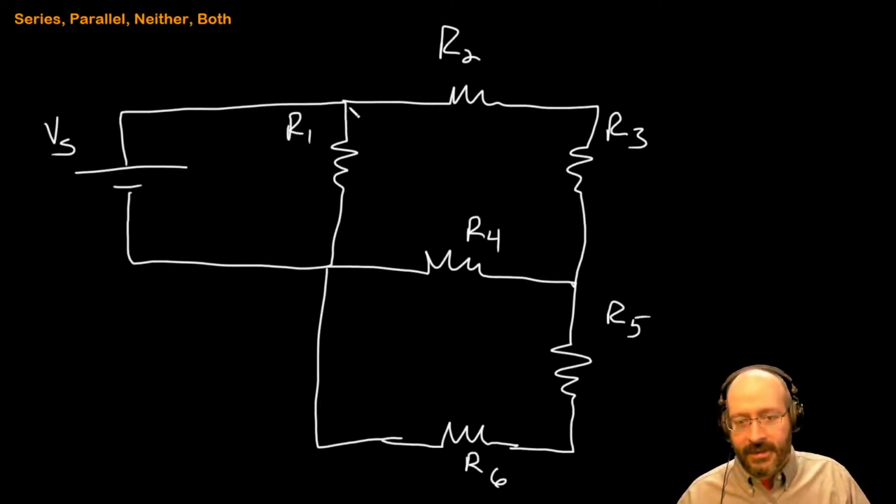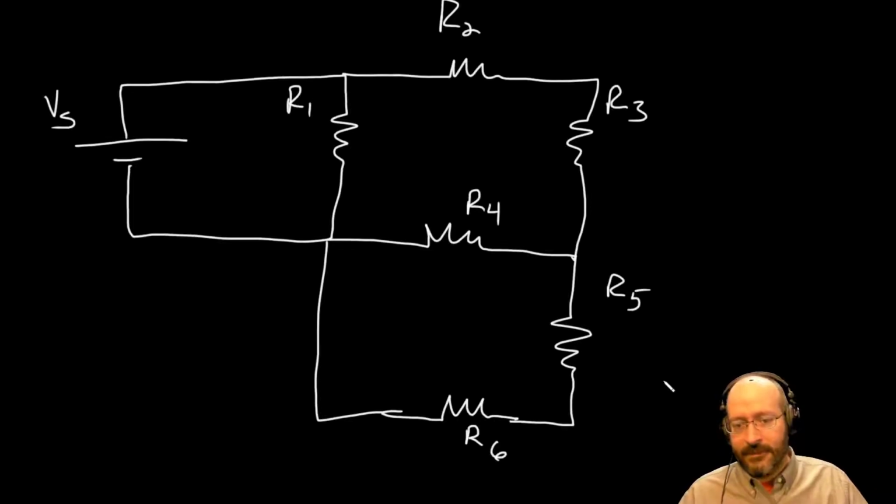VS and R1 are connected together up here, but R2 is also connected there, so they don't share that node exclusively. VS and R1 are connected down here together, but R4 is also connected there, and so is R6, so they don't share that node exclusively.